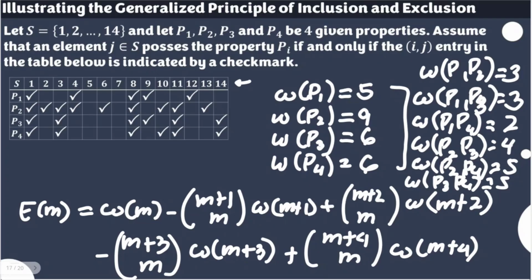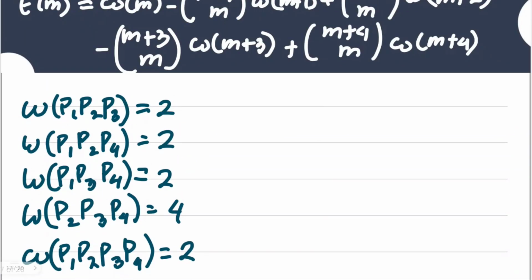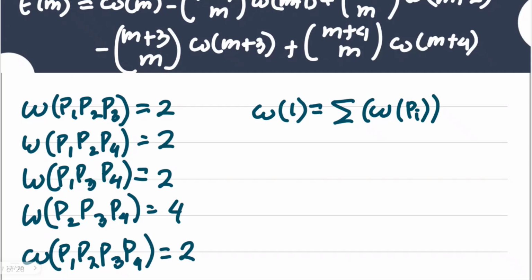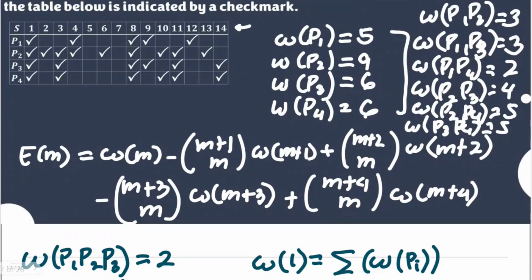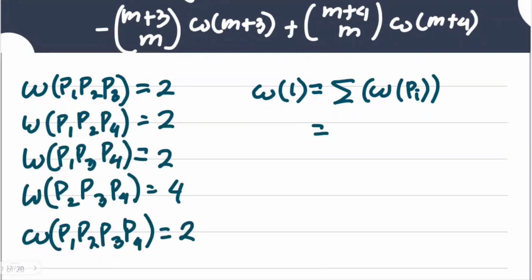If we're going to combine, okay, let's talk about omega of 1. That would mean we're talking about all the sum of this denotation. Previously, when we talked about the illustration of omega sub m, the summation of omega of P sub I, that would mean you simply count or add those with one element, 5 plus 9 plus 6 plus 6.